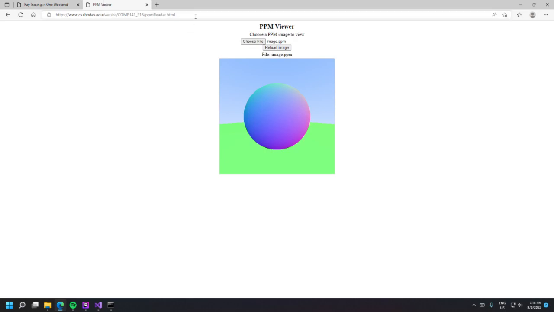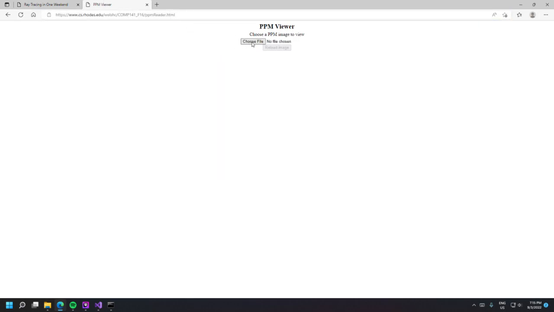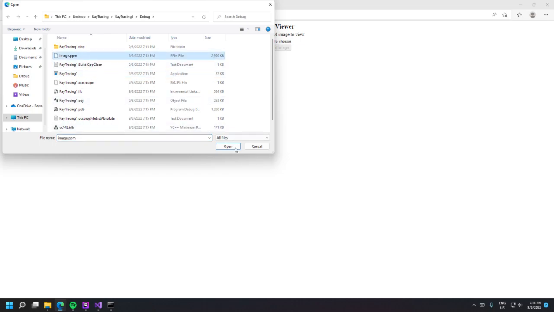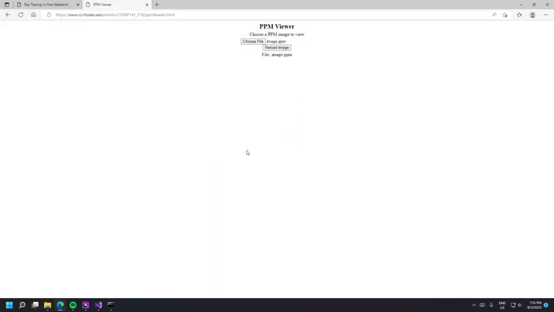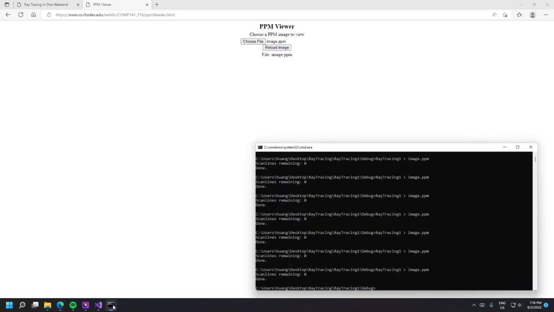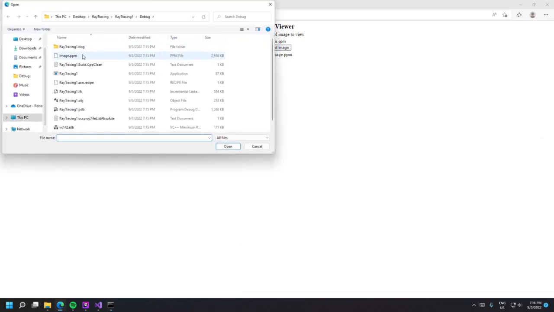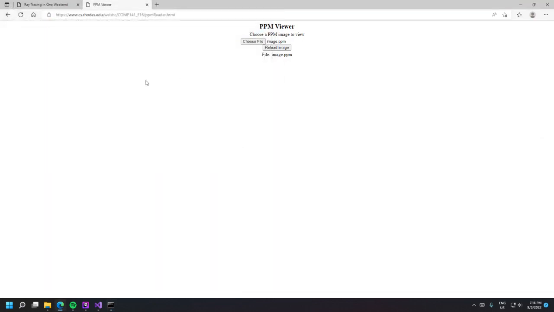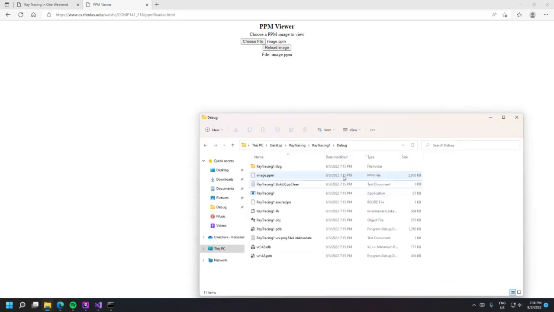So let's see. It's also taking a long time to load. Is it done? I hope it's still working. It's not like this is too large that it's not working anymore. Oh yeah, it's definitely getting larger.